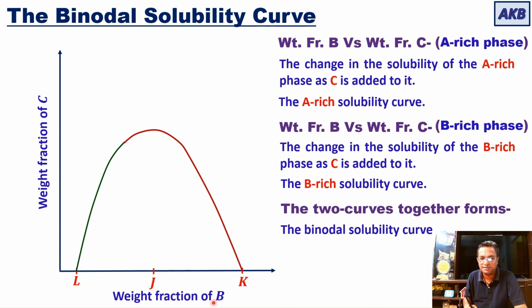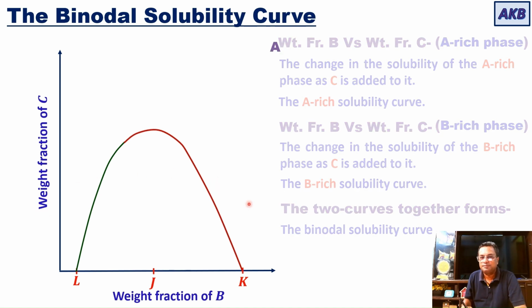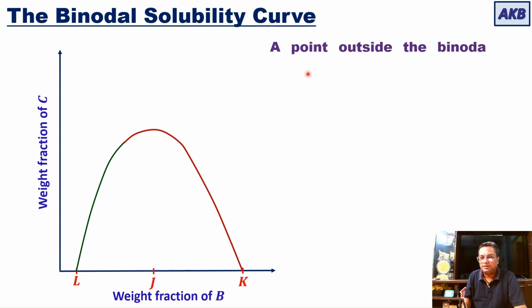On the x-axis, you are plotting weight fractions of B, and on the y-axis, you are plotting weight fractions of C. Then, if you have to talk about a point that is lying outside the binodal solubility curve, like point S over here, what does this point S represent?